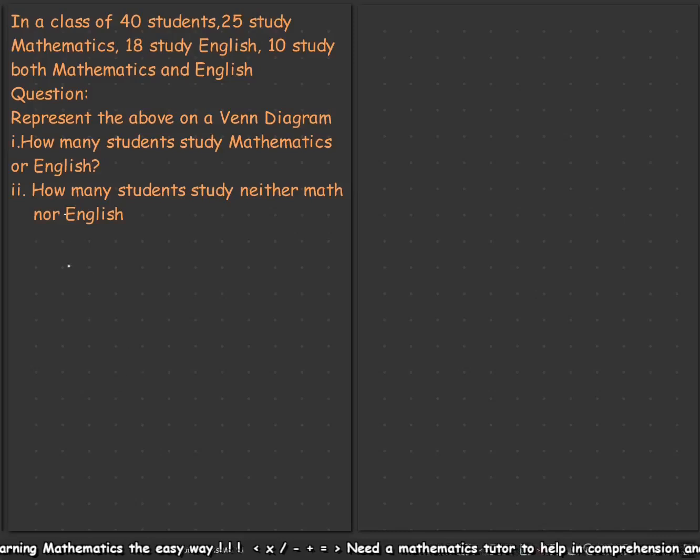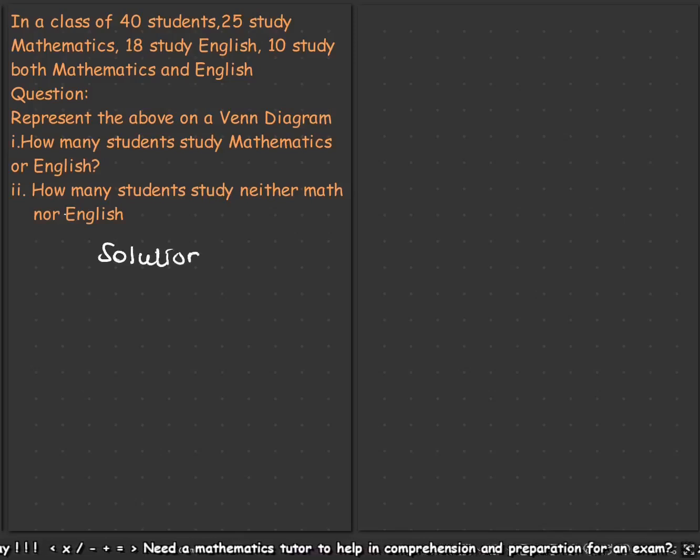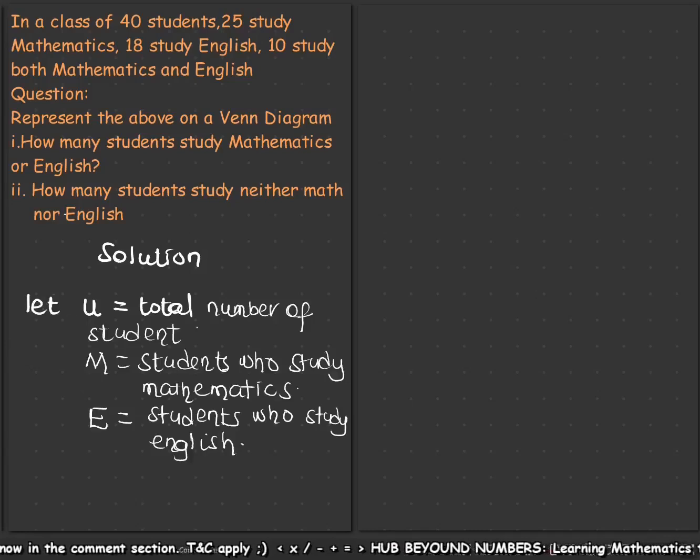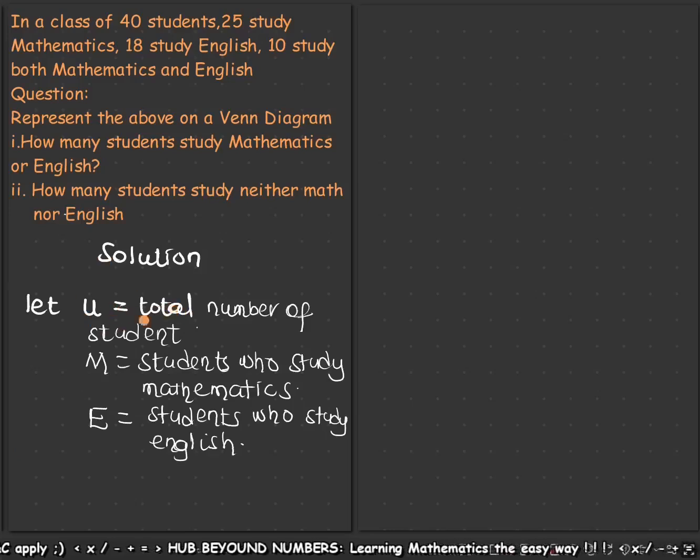Before you write out your solution, or before you even go to your Venn diagram, you need to represent each quantity by a letter, and we define those letters. So this is what I'm going to write. Let U, we know the U is for universal set, be equal to the total number of students.